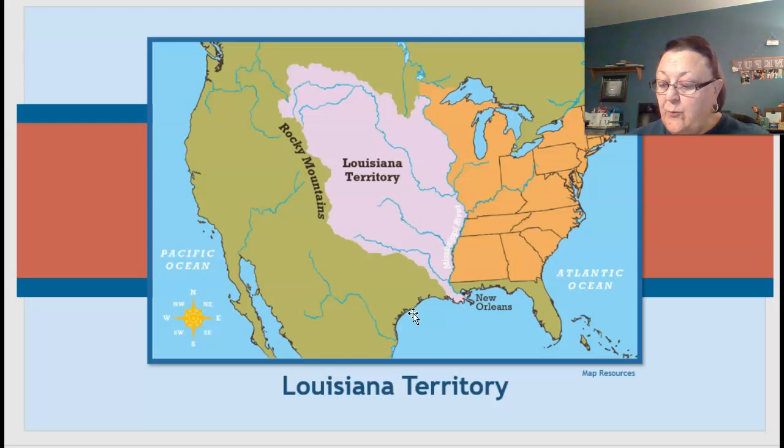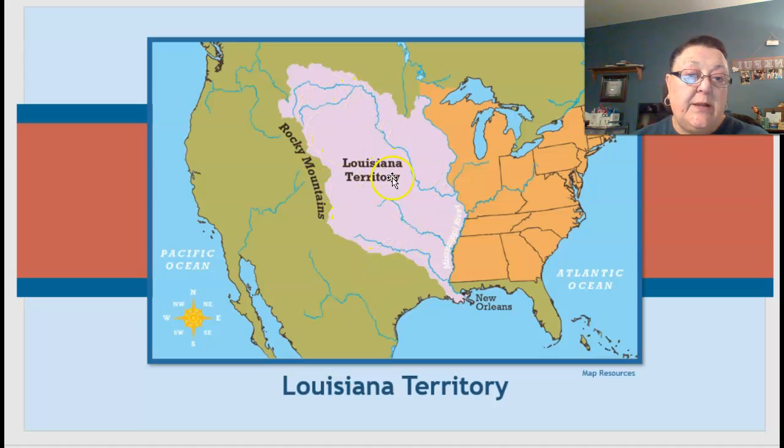Beyond the Mississippi was a large area known as the Louisiana Territory. So this is as far as we had gone. Remember we talked about them moving westward? Well, this is as far as they had gone up to now, and this over here was just really nothing.